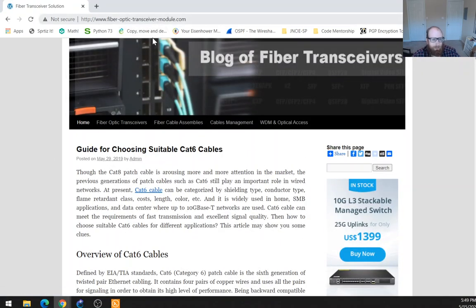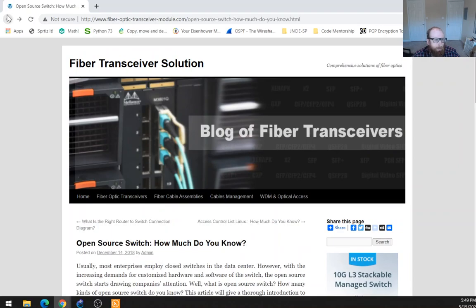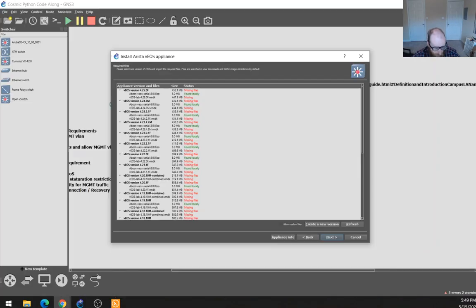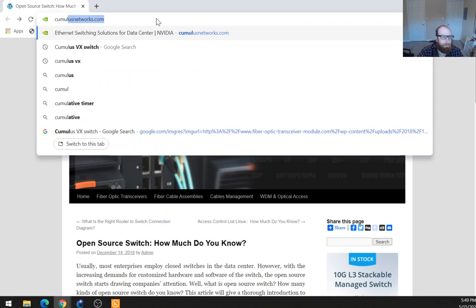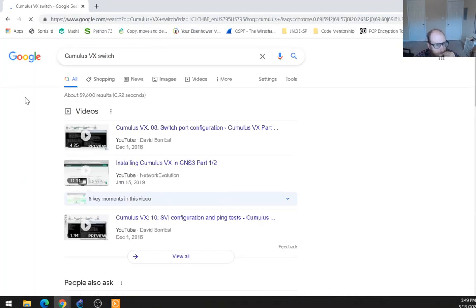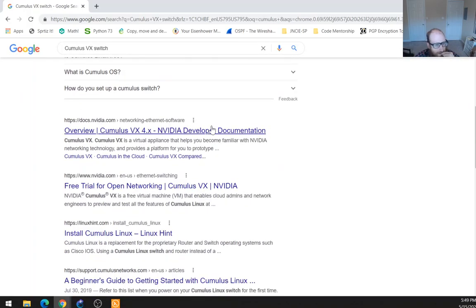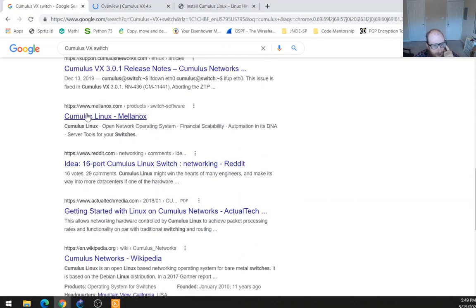But it's Cumulus Linux. Cumulus VX. So it's like taken over by Mellanox, it looks like.